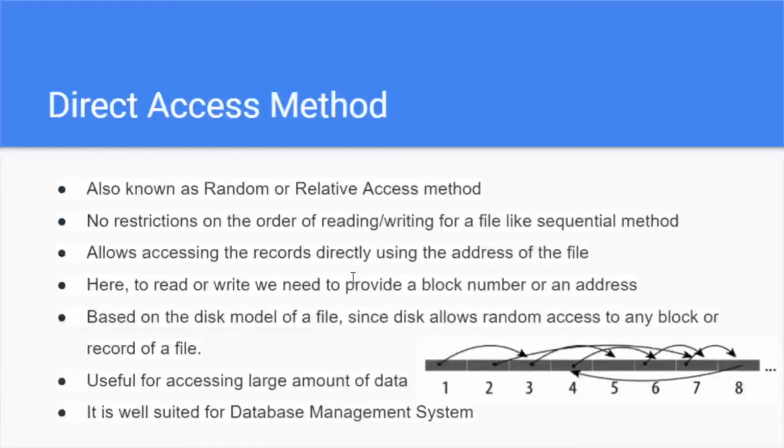So here, to read or write, we need to provide a block number or an address. It is based on the disk model of a file, since disk allows random access to any block or record of a file. It is useful for accessing large amounts of data, and that's why it is well suited for database management systems.